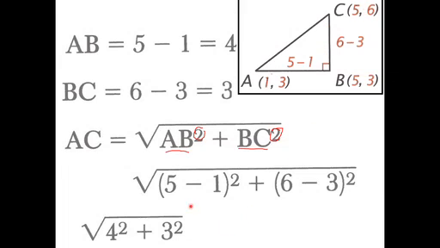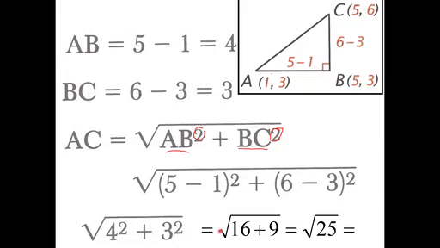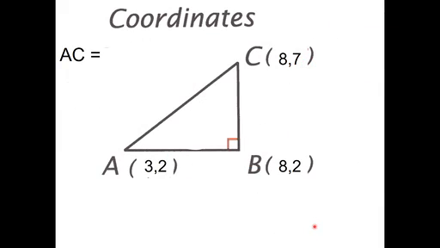You just carry out the math, you subtract to simplify a little, then you carry out the squaring process, and we get the square root of 25, which then is 5. So we find out that the distance of AC is actually 5. Why don't you pause and give this one a shot? Try it yourself.